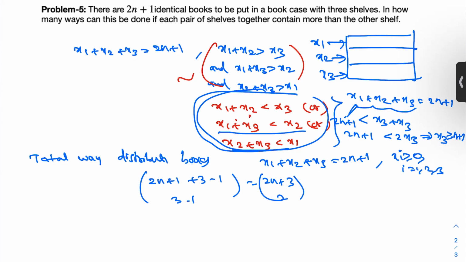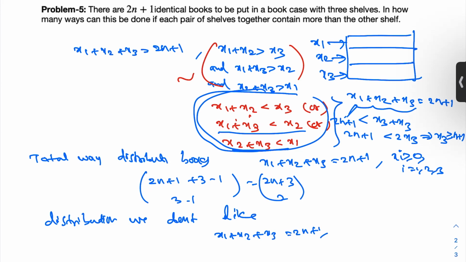Okay, so let me rewrite. The distributions that we don't like come from the equation x1 plus x2 plus x3 equal to 2n plus 1, with either x1 greater than or equal to n plus 1, or x2 greater than or equal to n plus 1, or x3 greater than or equal to n plus 1.